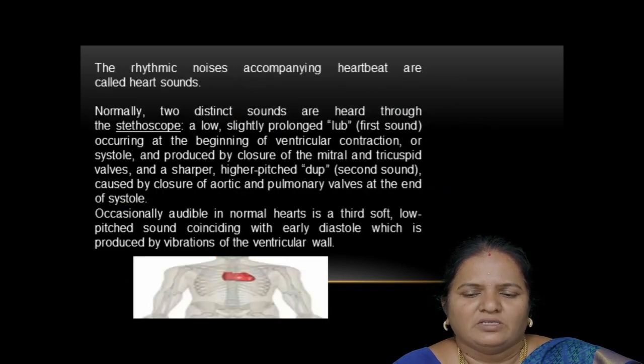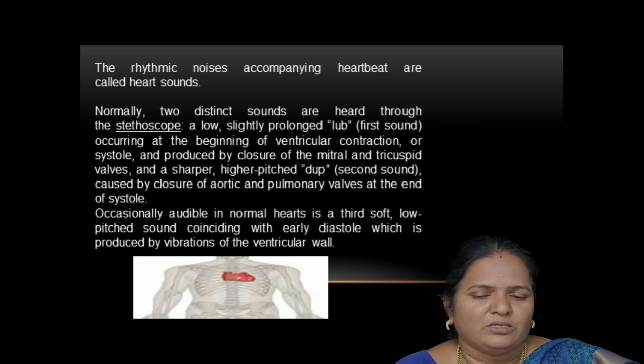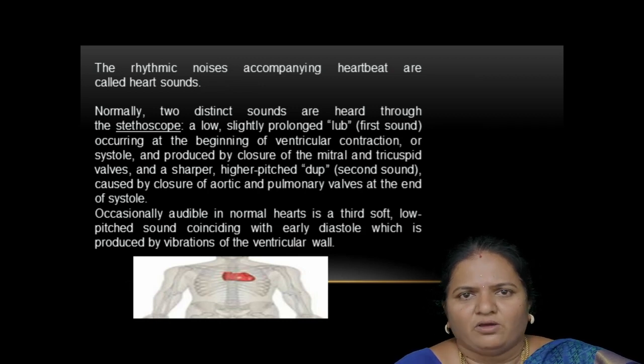The rhythmic noises. Have you heard the voice? Lub, dub, lub, dub. If you use a stethoscope, all the doctors and physicians use the stethoscope to listen to your heart sound, whether your heart is functioning normally or abnormally. A low, slightly prolonged lub is the first sound, occurring at the beginning of ventricular contraction, and this contraction is otherwise known as systole.